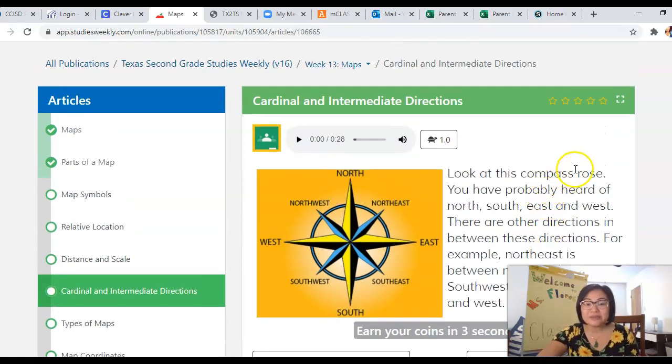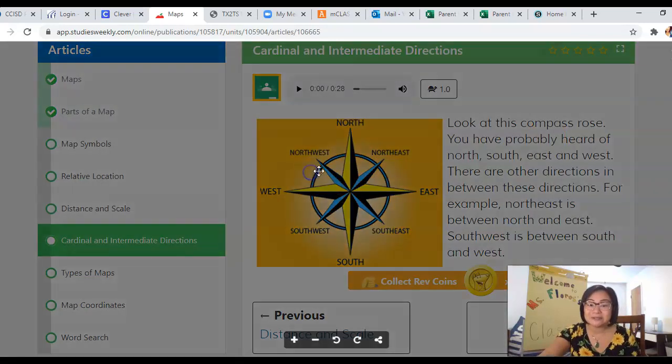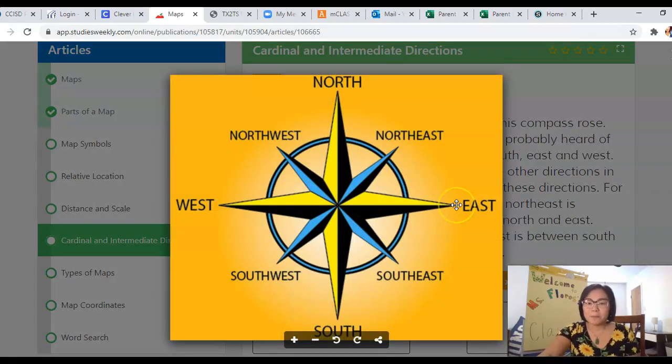All right, the next thing we're learning is cardinal and intermediate directions. Look at this compass rose. Let's read all the directions this compass rose tells us. North, northeast, east, southeast, south, southwest, west, and northwest.